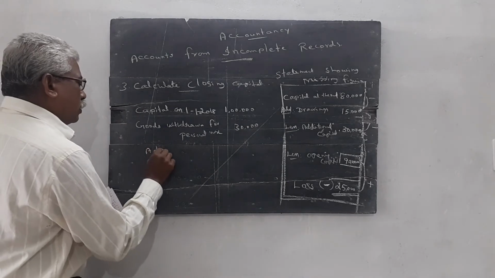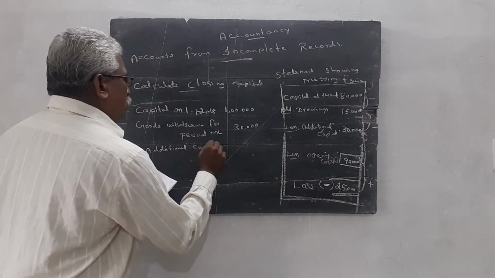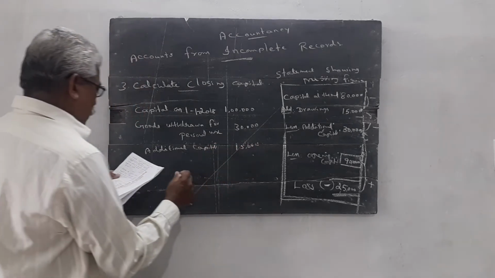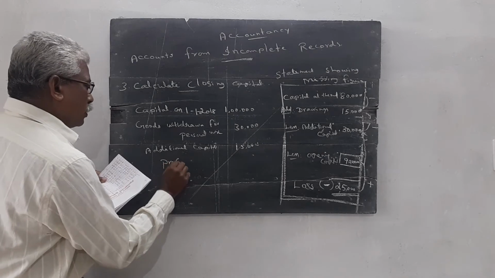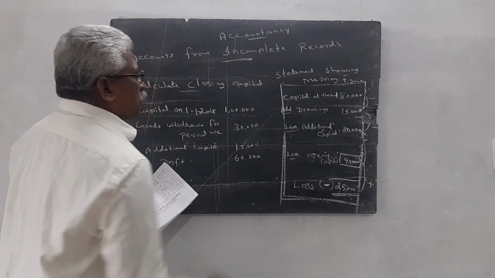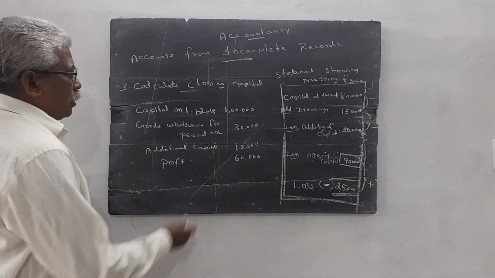Additional capital, 15,000. Profit, 60,000. This is the question. We have to calculate closing capital.